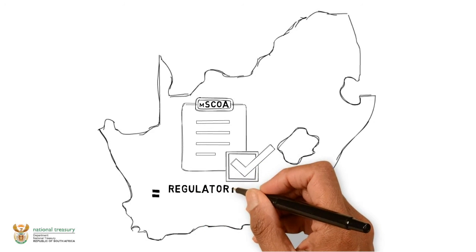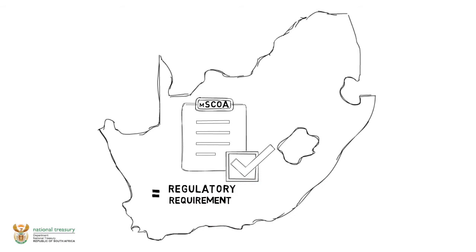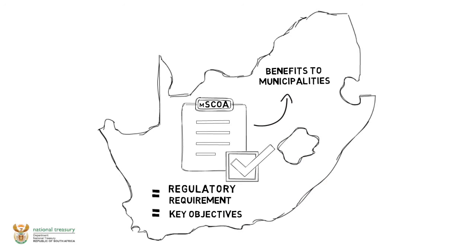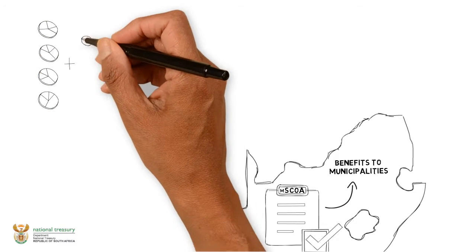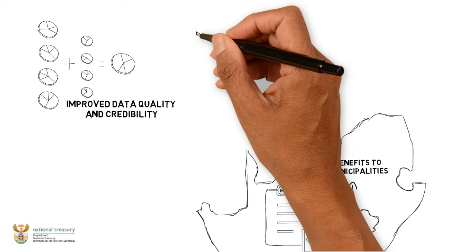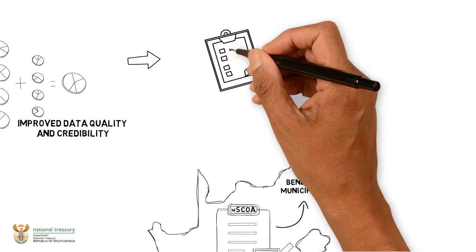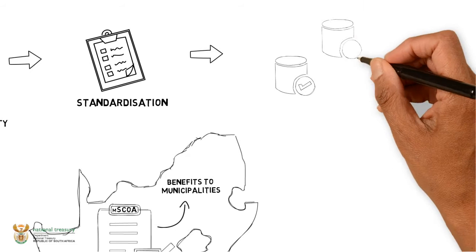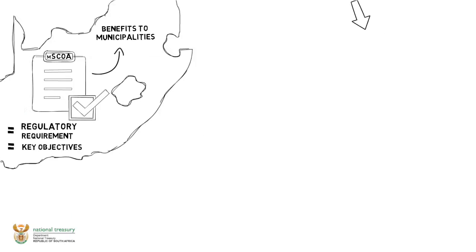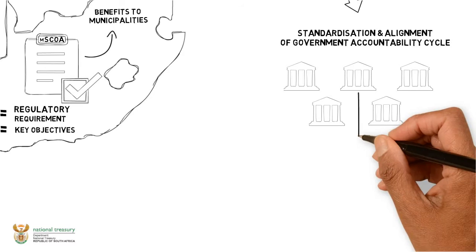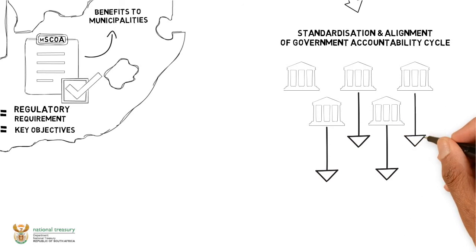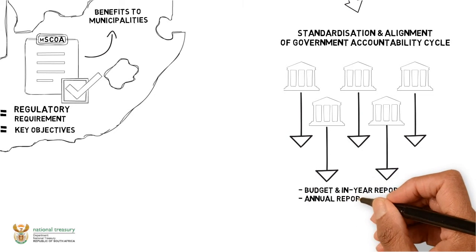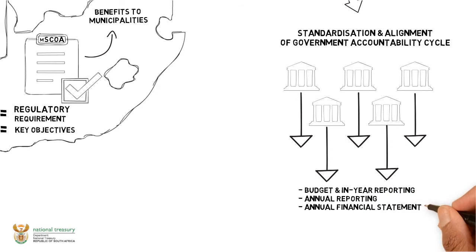While it's a regulatory requirement, which means that all municipalities must be compliant, there are also additional key objectives which illustrate benefits to municipalities, including, among others, improved data quality and credibility, the achievement of a greater level of standardization, the development of uniform data sets critical for whole-of-government reporting, the standardization and alignment of the local government accountability cycle by the regulation of not only the budget and in-year reporting formats, but also the annual report and annual financial statement formats.